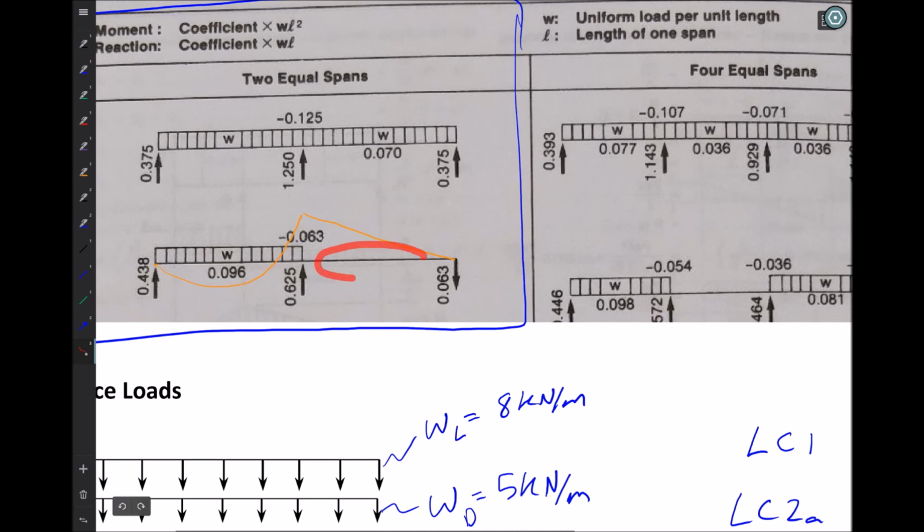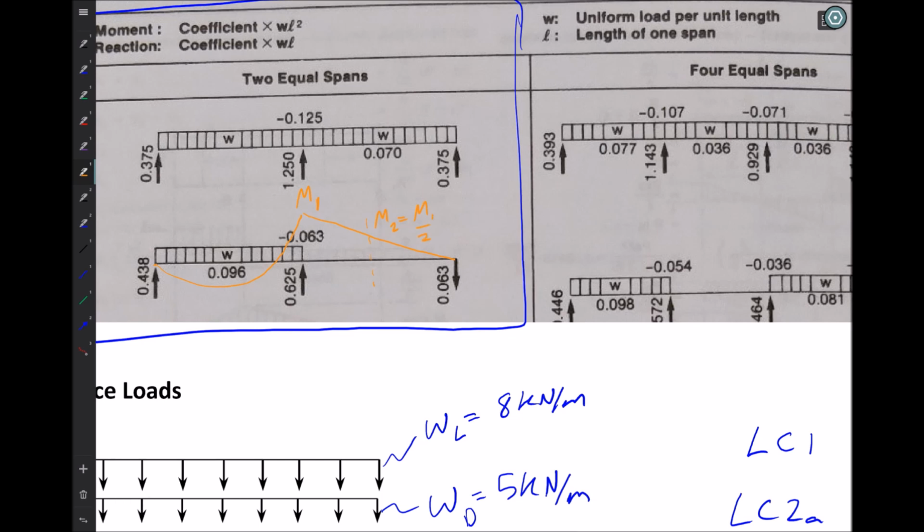Over here I have no load, which causes a constant shear diagram and a linear moment diagram. So now, if I am interested in the magnitude of moment right here, let's call that moment 1, I would say that moment 2 is going to be equal to moment 1 over 2.